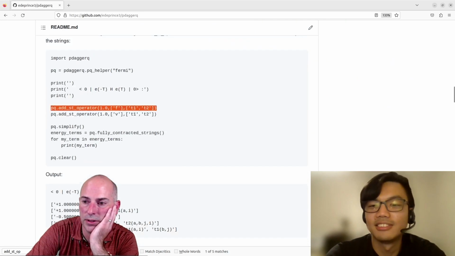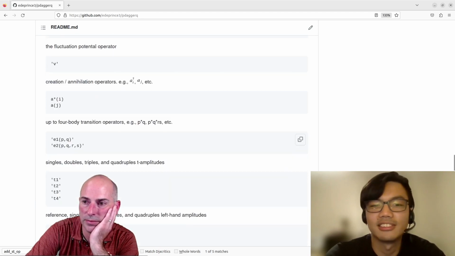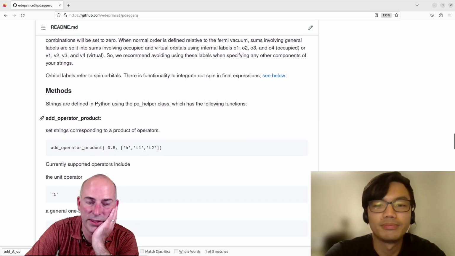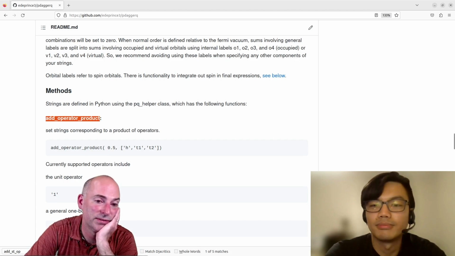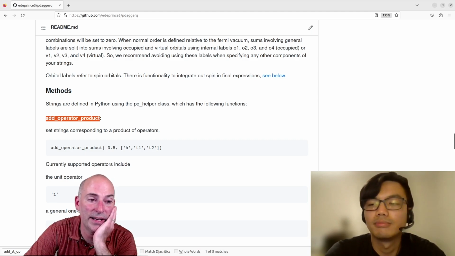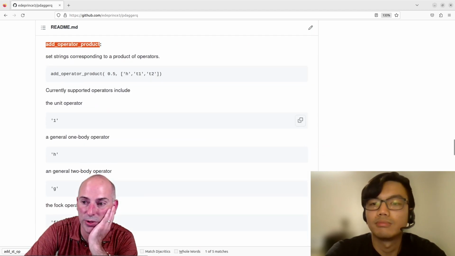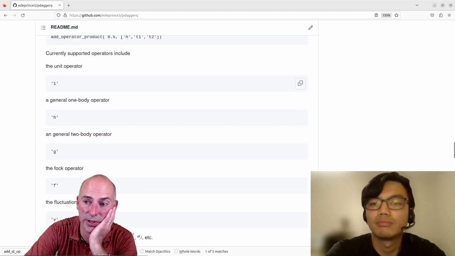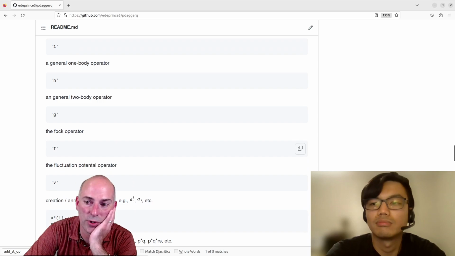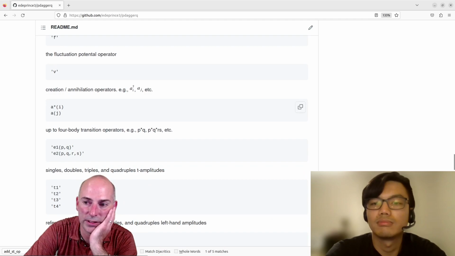Yeah. So that's a really good point. With the add operator product function, you can do anything. The add st operator cleans things up for you, and then like Steven just said, okay, so here are the built-in operators. 1, that's an interesting one. 1 body operator, 2 body operator, specific forms of 1 and 2 body operators, Fock operator and fluctuation potential. And then, like Steven just said, you could define any operator you want as a collection of these creation and annihilation operators.